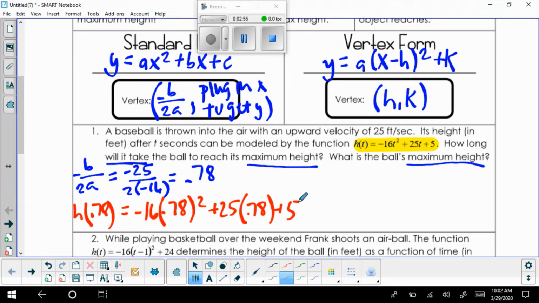So I'm going to type that in the calculator, negative 16 parentheses 0.78 squared plus 25 times 0.78 plus 5. So I'm going to round that to the nearest hundredth as well, 14.77.